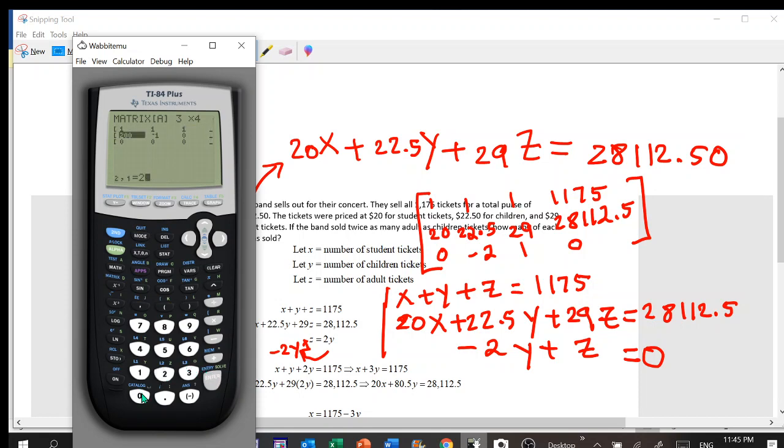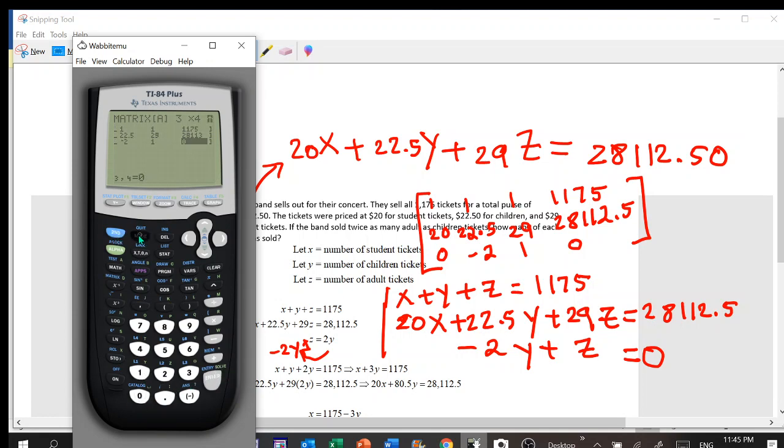And that's a 20, 22.5, 29, and 28,112.5, and 0, negative 2, 1, and 0.